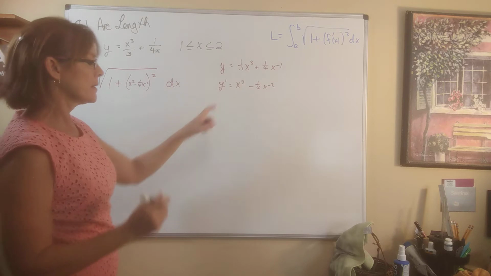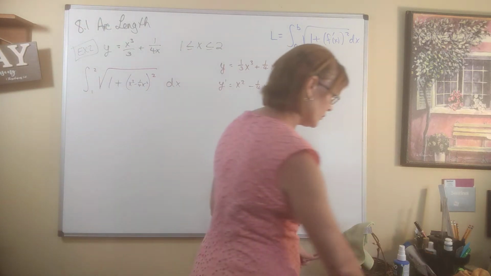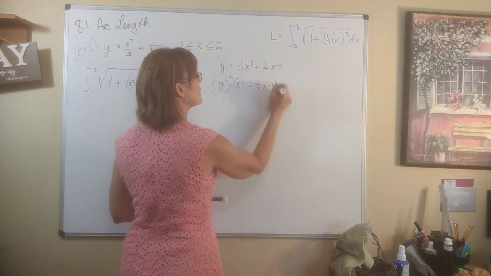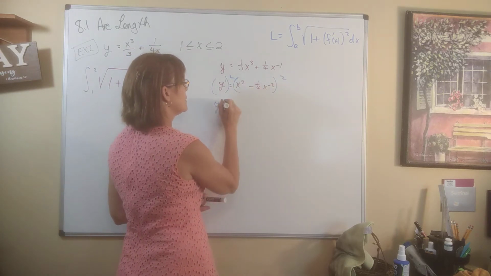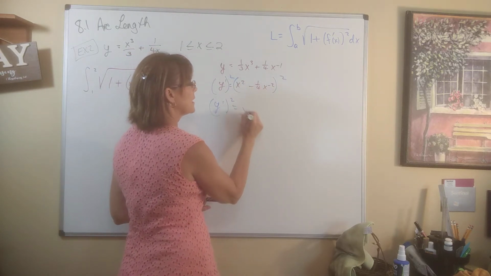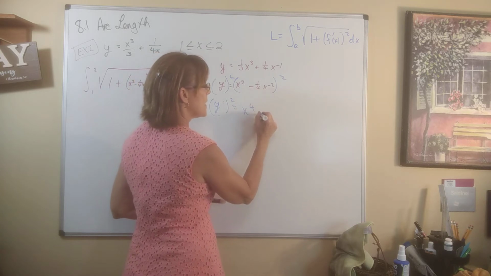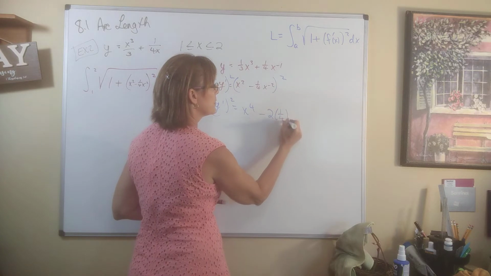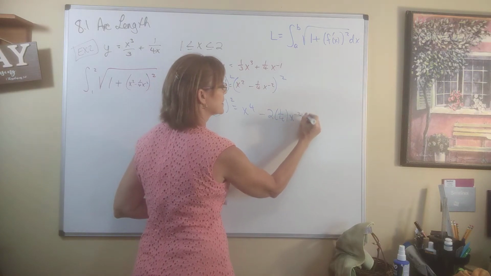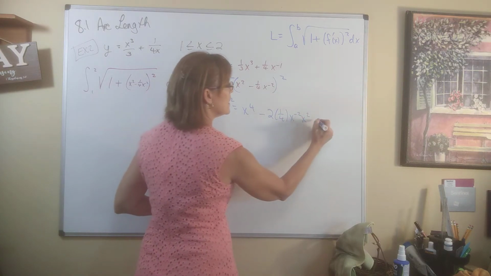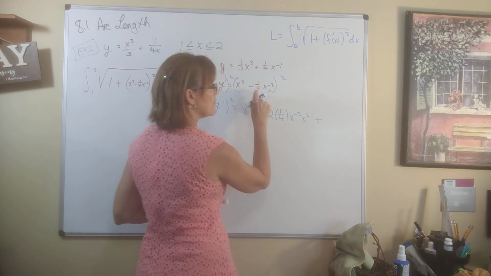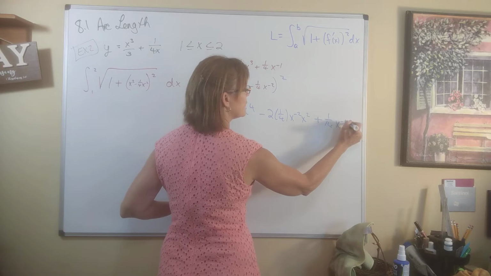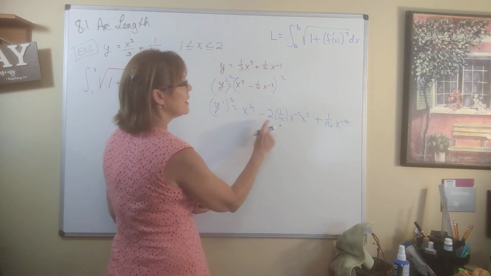So if we square this guy, I'm going to do it a little carefully. Y prime squared is going to be x to the 4th minus 2 times 1/4 times x to the negative 2 times x to the 2 plus 1/4 squared is 1/16, x to the negative 4 is what I get when I square this guy.